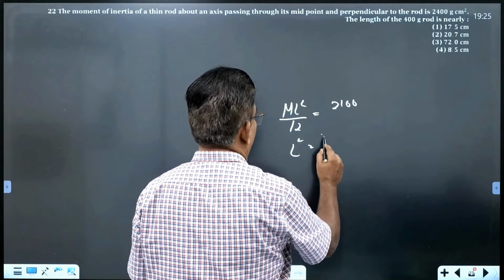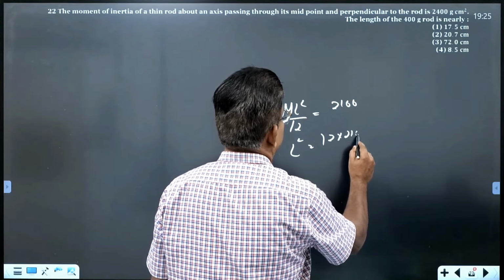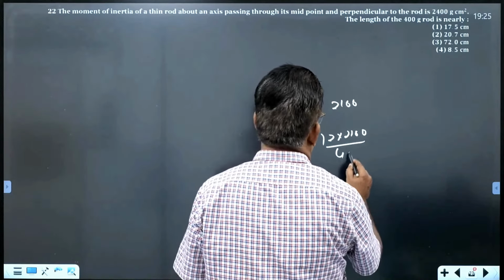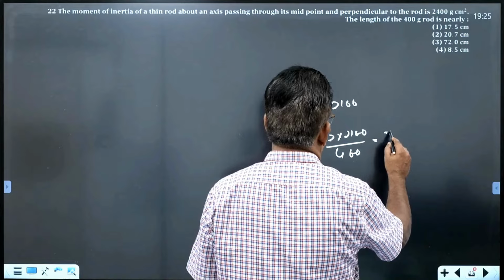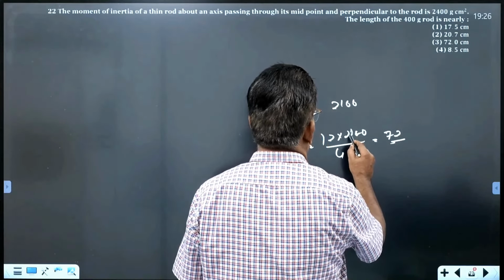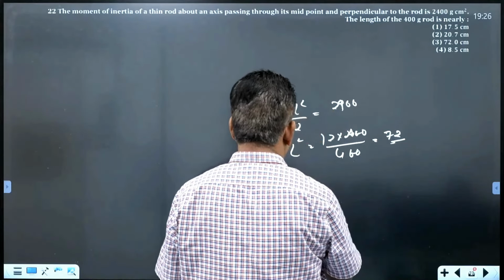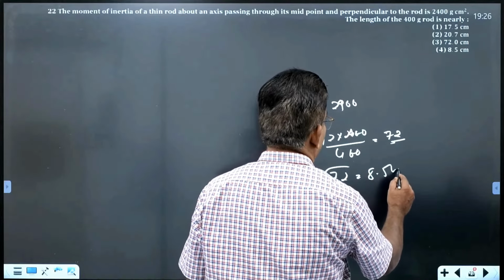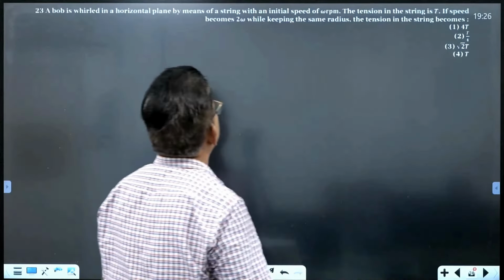We want L squared, that is 12 into 2000 divided by 400 grams. Simple calculation, this is 2400 divided by 400, coming to be 6, so L squared is 72. L is root of 72, nearly 8.5 centimeter. Answer is 4. Now we go to the next question.